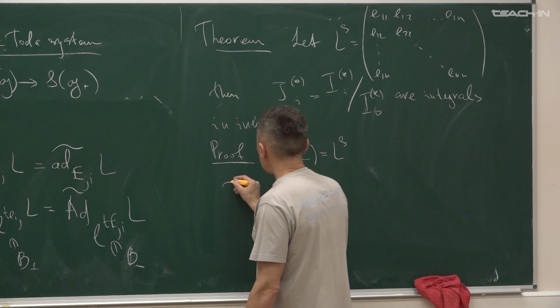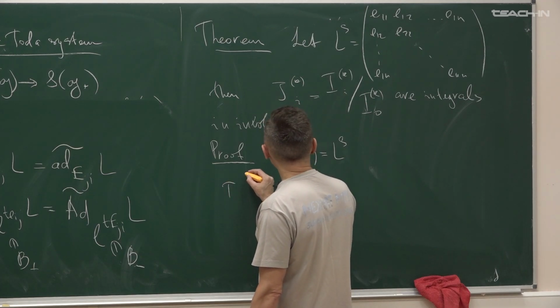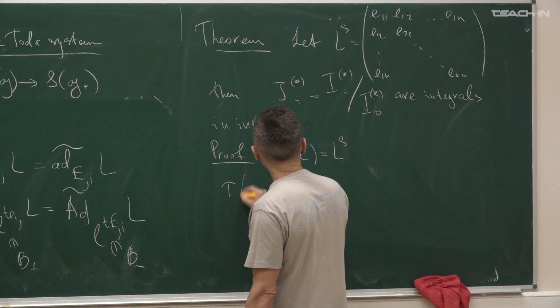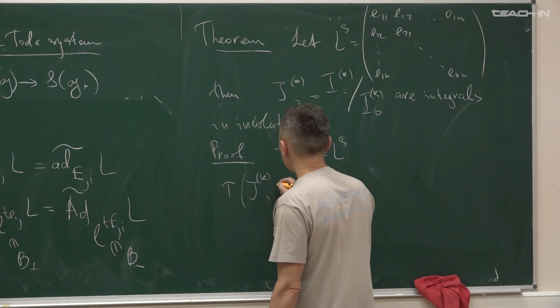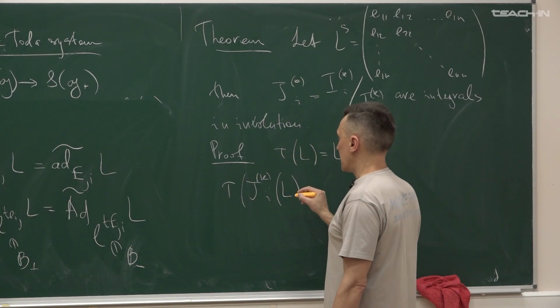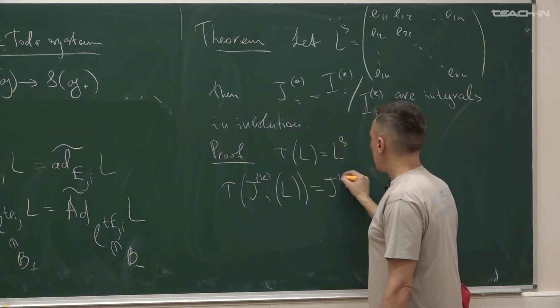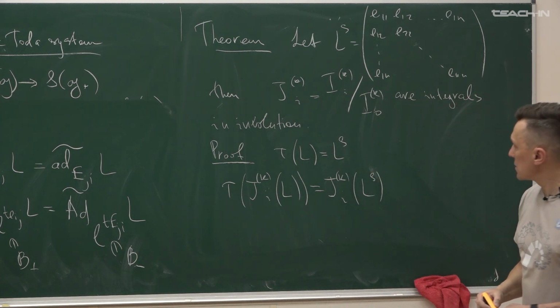And it means that tau of I k i constructed from L is just I k i constructed from Ls.